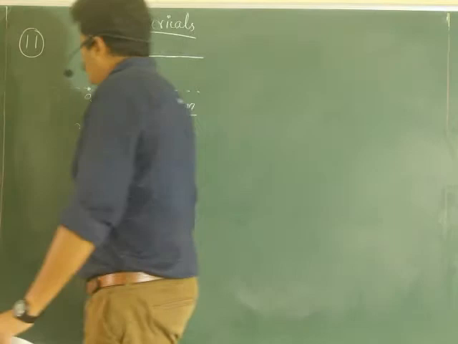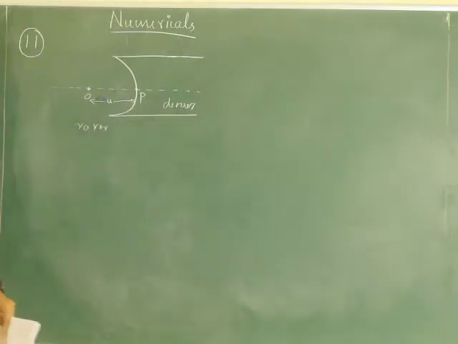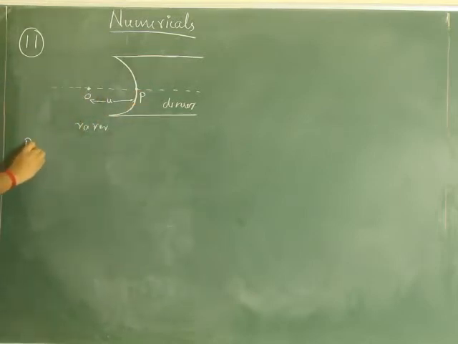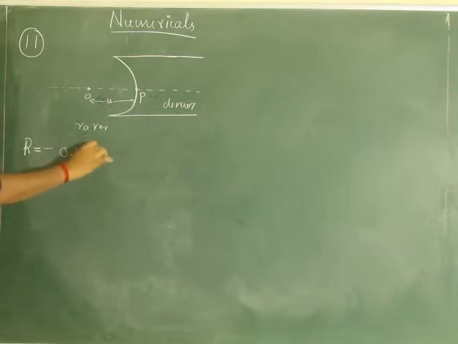So now I will apply the formula. As they mentioned, the radius is towards the left when you start measuring from the pole. So should the radius of curvature be negative or positive? It should be negative. So the radius of curvature is 0.1 meter, given data.